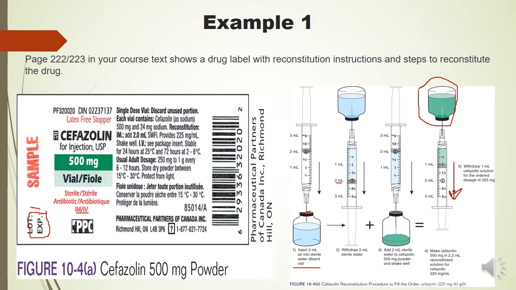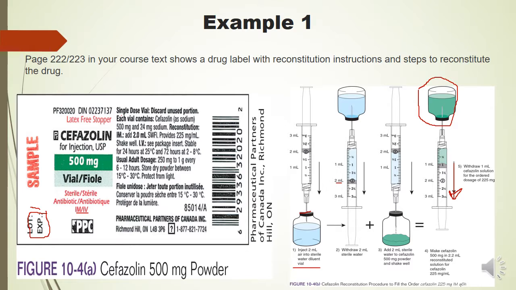Now, you can see here there's a spot for the lot and the expiry date, but because this is just a sample, it's not written there, but it would be if you were in practice. It's kind of difficult to read, it's a little distorted, but what it says here, single dose vial only, which means you discard your unused portion, you do not save it for subsequent administrations.